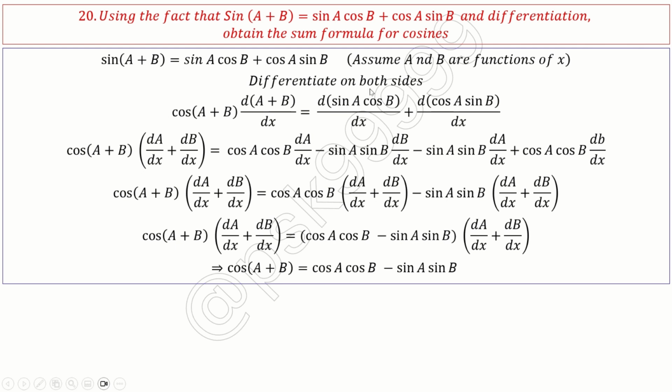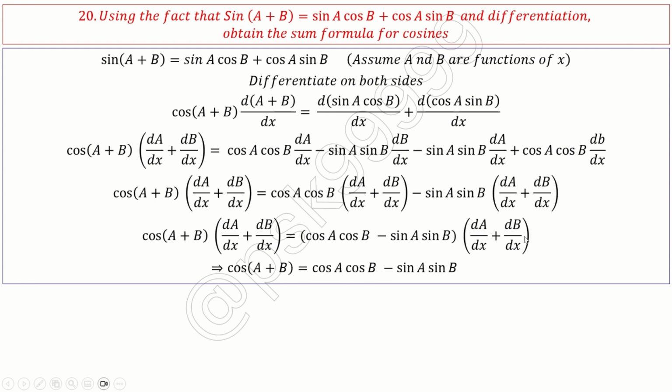Okay, so apply uv rule here. You will get this value, cos a cos b dA by dx minus sin a sin b dB by dx minus sin a sin b dA by dx plus cos a cos b dB by dx. Okay, capital B. Okay, so now if I take this common, cos of a plus b into dA by dx plus dB by dx, which is equal to cos a cos b into dA by dx plus dB by dx minus sin a sin b and product of this one.